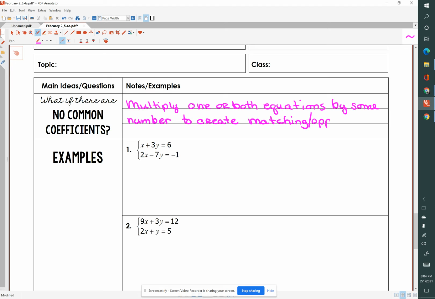They need to be matching and opposite so that they can be eliminated.